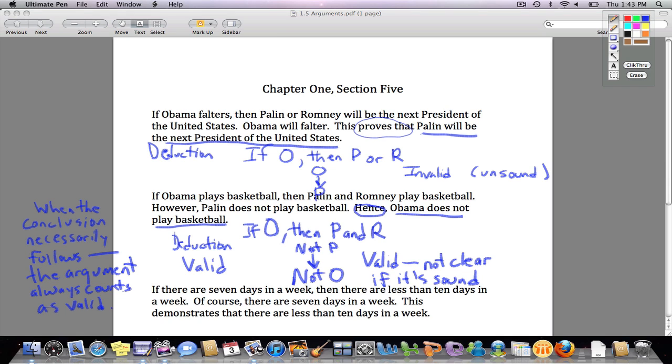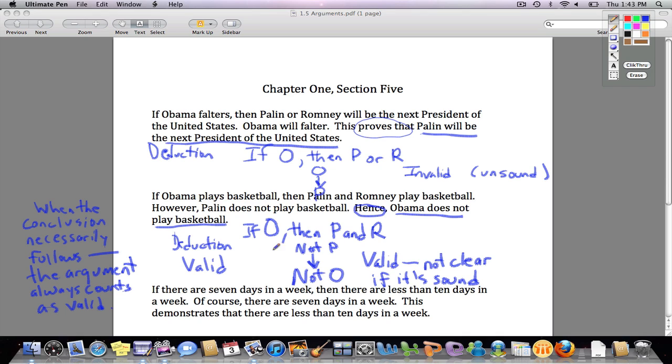The first premise seems a little bit odd. If Obama plays basketball and Palin and Romney play basketball, that would definitely be false if Obama did play basketball, which I think he does, and one of the two did not. And I'm not really sure, but it seems entirely possible that one of the other two doesn't. Palin does not play basketball. I think Palin was a basketball player. Not clear whether or not that's the case.